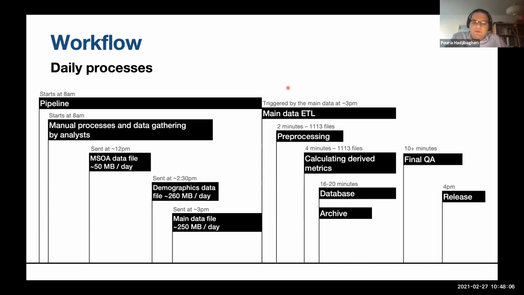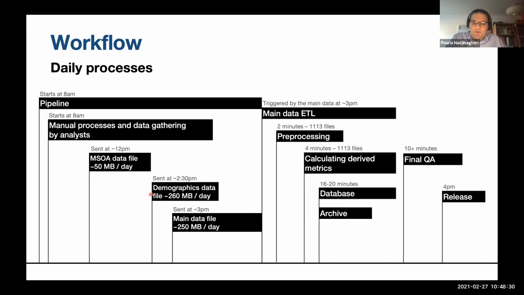It's a service that we design in data engineering and computing to handle data, usually larger volumes of data. The ETL does some pre-processing on the main data file. So the availability of the main data file is what triggers the ETL.